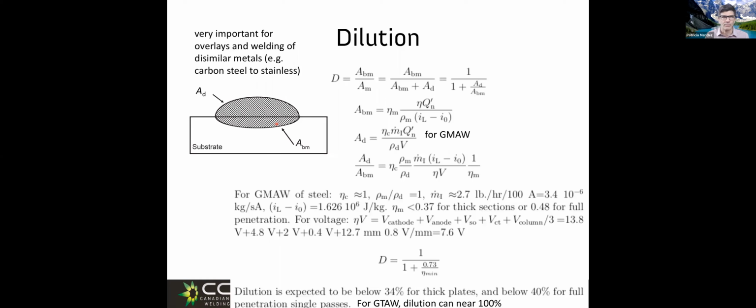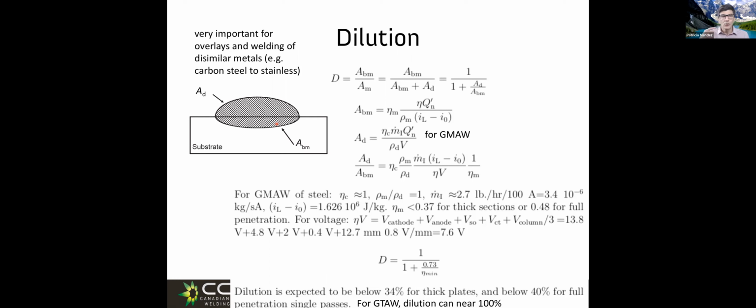In addition, if I dilute the nickel in my stainless steel, I might end up having a weld that instead of being austenitic might end up being martensitic. Big difference, because austenitic is ductile and soft and the martensitic is hard and brittle.